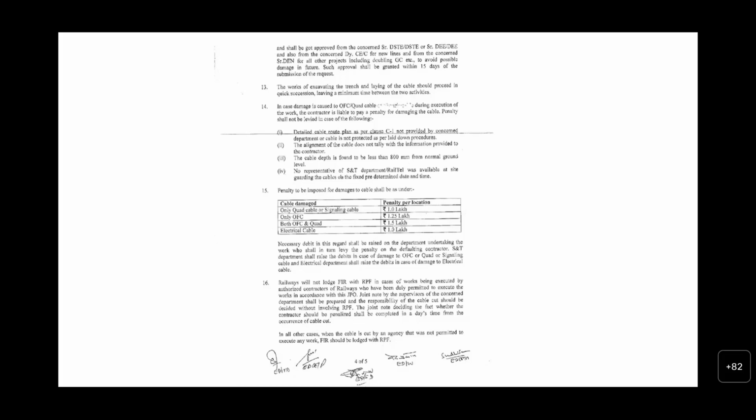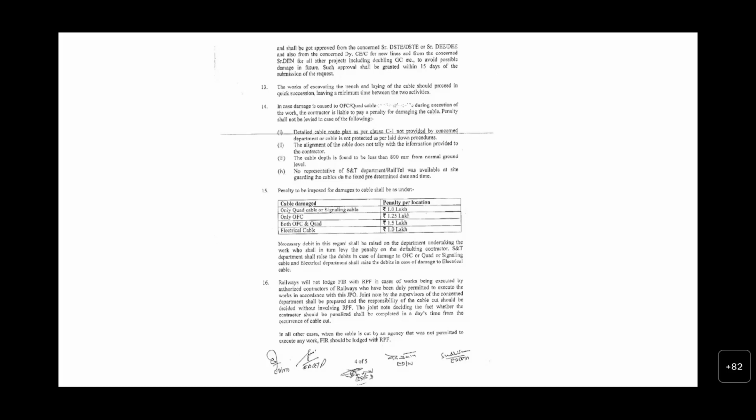A joint note by the supervisors of the concerned departments shall be prepared, and the responsibility for the cable cut should be decided without involving RPF. The joint note deciding whether the contractor should be penalized shall be completed in the day time from the occurrence of the cable cut.